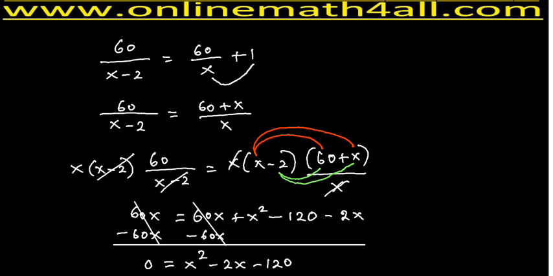Let's continue the next step on the next page. So we have the equation x squared, negative 2x, negative 120 is equal to 0, because on our previous page we had 0 on the left side and I have taken 0 on the right side. Now we have to solve this quadratic equation.